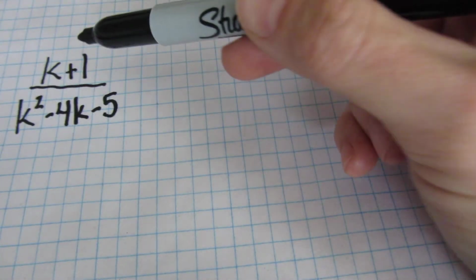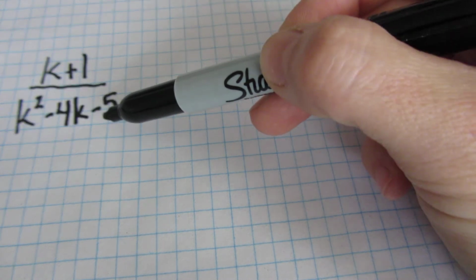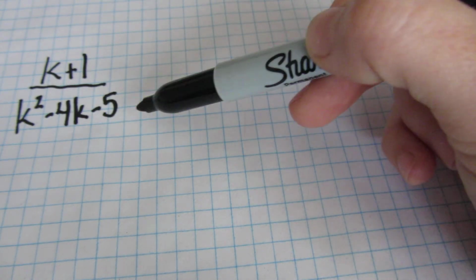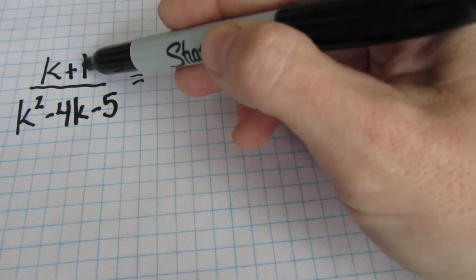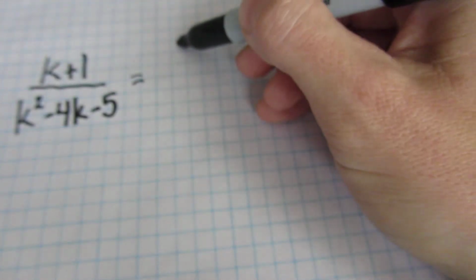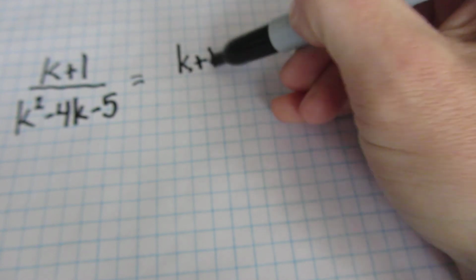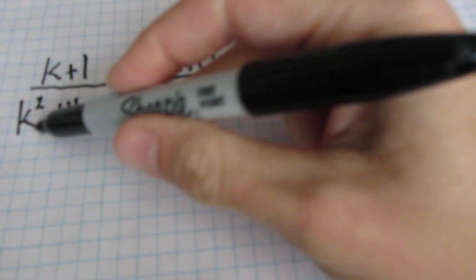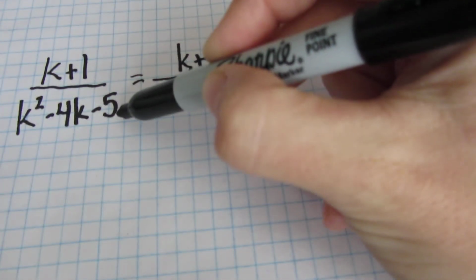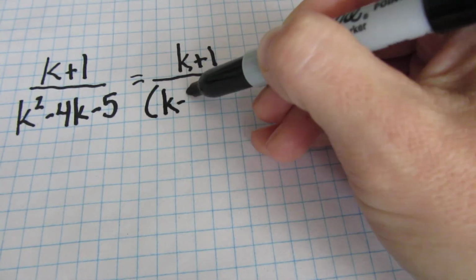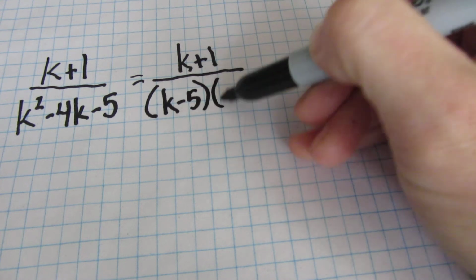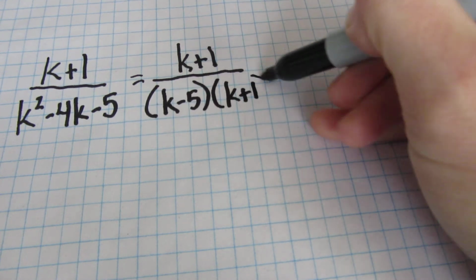We want to simplify the numerator and simplify the denominator by factoring, and then we can talk about canceling things out. K plus 1 is already simplified, so I'm going to leave that alone. And I'm going to factor the trinomial on the bottom, which we already did previously, so I'll just bring it back over here. It was k minus 5 times k plus 1.